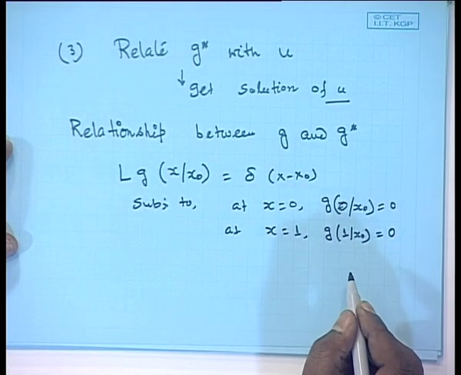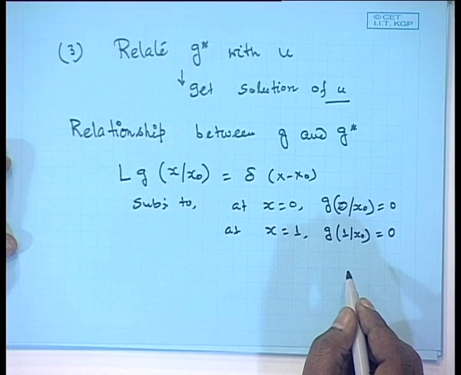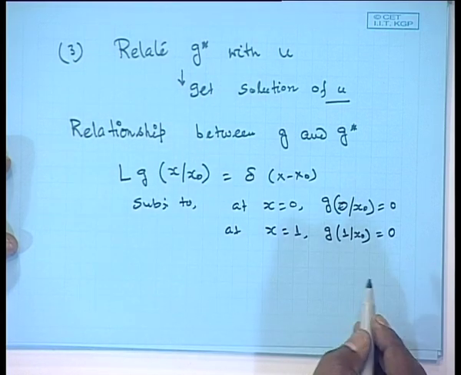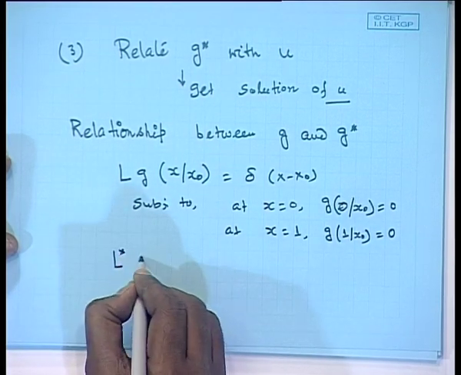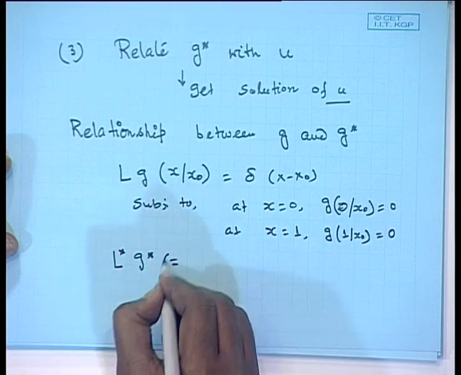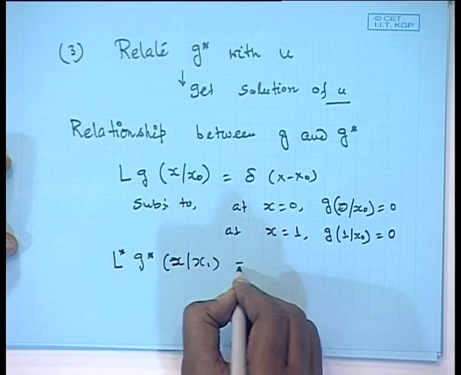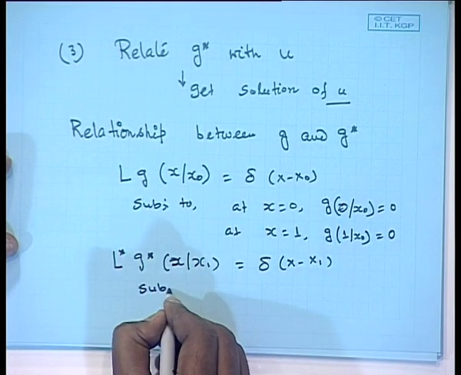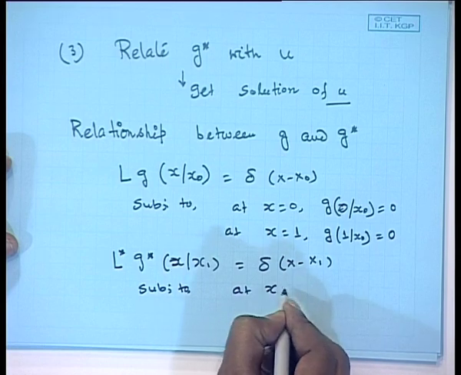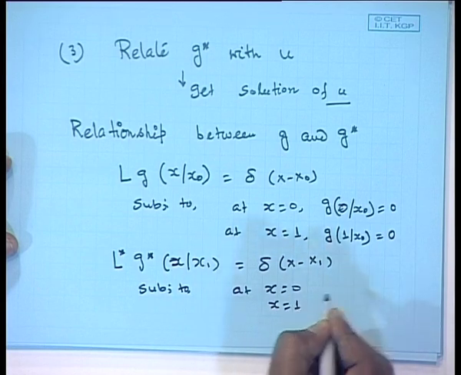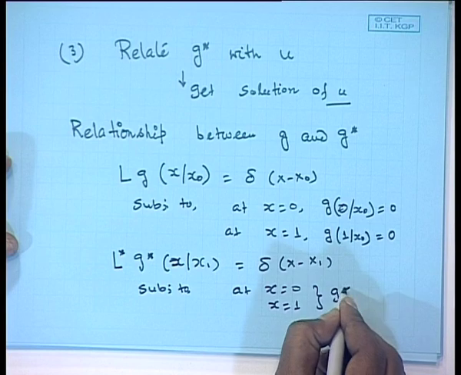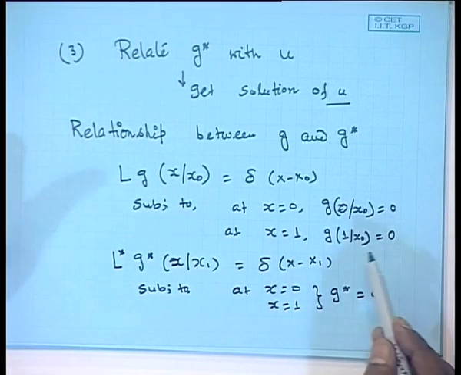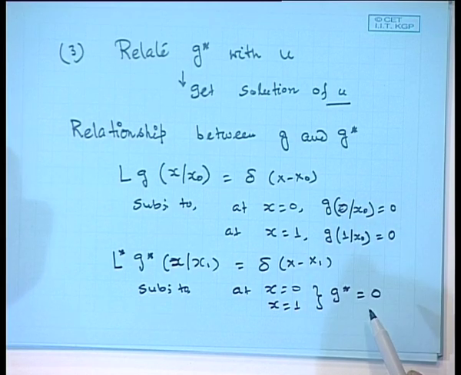That means you have homogeneous Dirichlet boundary conditions on G, and the corresponding equation and boundary conditions for G star will be L star G star of x by x1 is equal to delta x minus x1, subject to G star equal to 0 at x equal to 0 and at x equal to 1. That means you are forcing the boundary conditions of G and G star to be homogeneous.